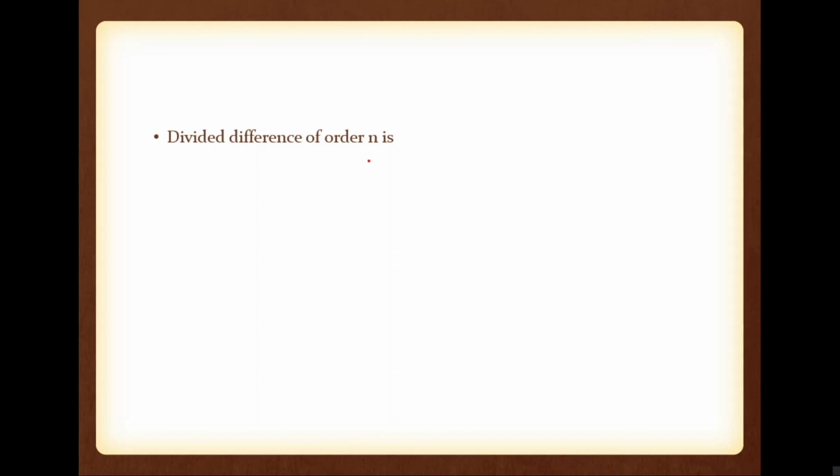What is the divided difference of order n? Please note, we have n plus 1 data. So my question is, how many nth order divided differences are there?